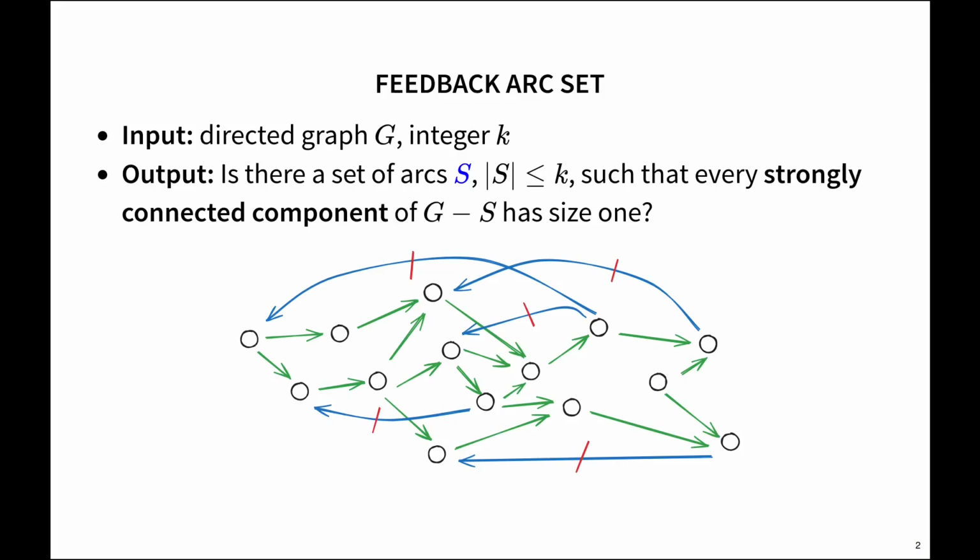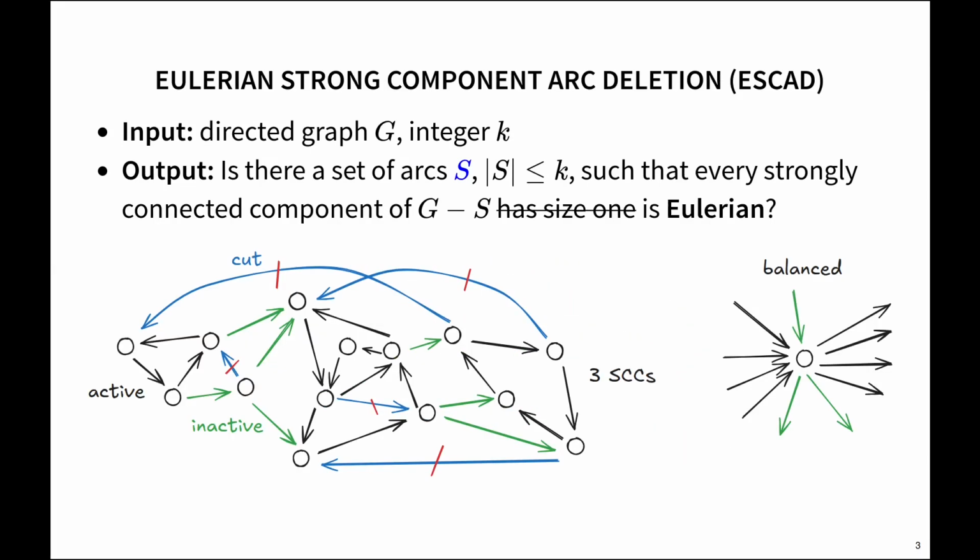In a very similar way, Eulerian strong component arc deletion removes some number of edges, and the aim is that every strongly connected component of the resulting graph is Eulerian.